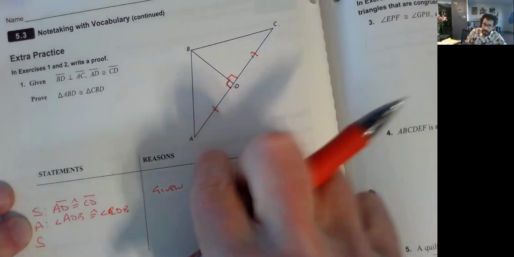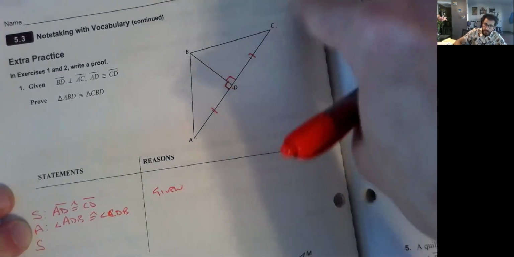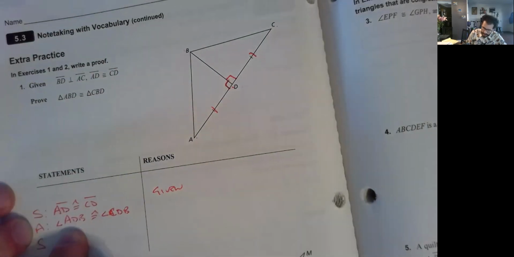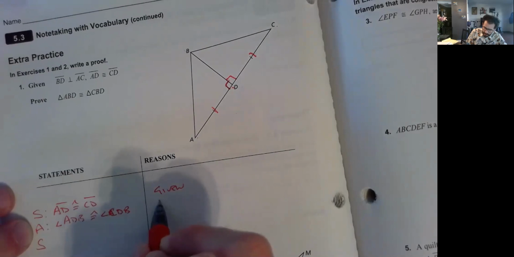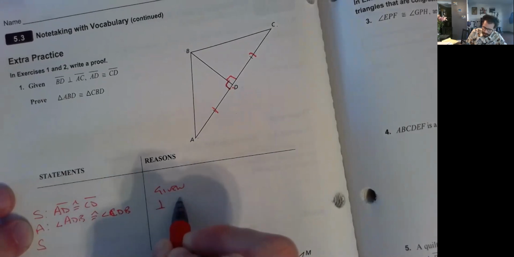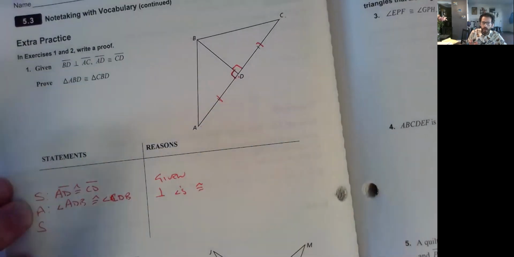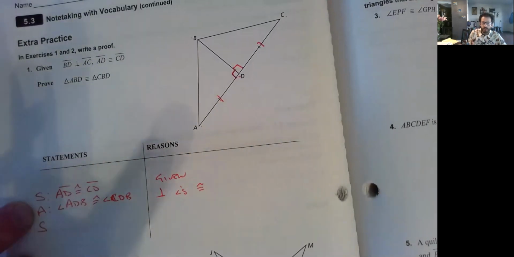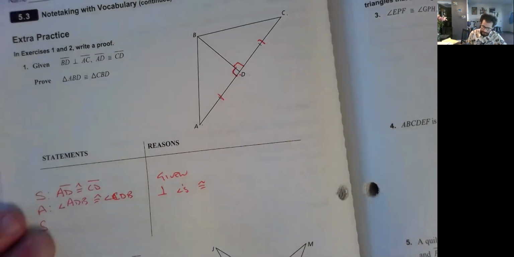Remember, order matters. A from the outside into D, ADB. C from the outside into D, CDB. Angle ADB is congruent to CDB. Now, it's not technically given, but it's because perpendicular angles are congruent. Don't worry about what you write. We understand that if two angles are 90 degrees, they're equal to each other. We talked about it as a transitive property in a previous example.